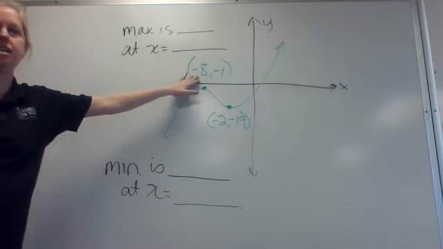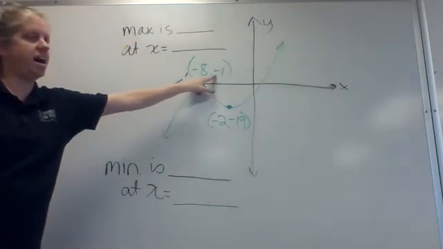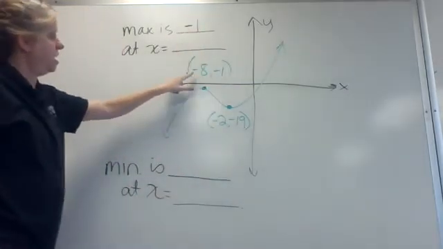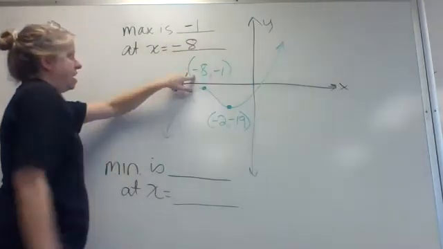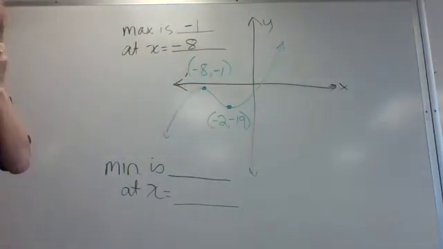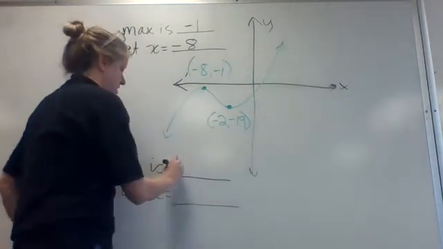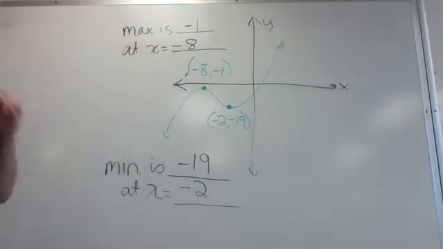Because it's going to say x equals. Okay, so what is the relative maximum value? -1, and it occurs at x equals -8. The relative minimum value is -19, and it occurs at x equals -2.